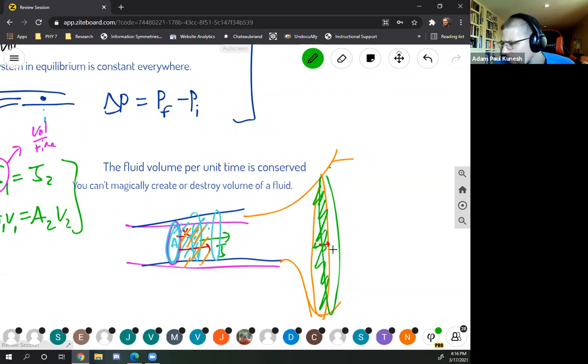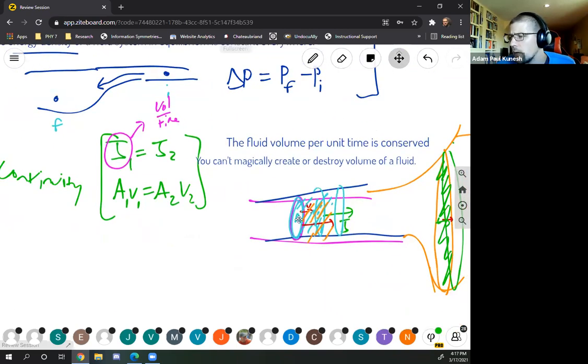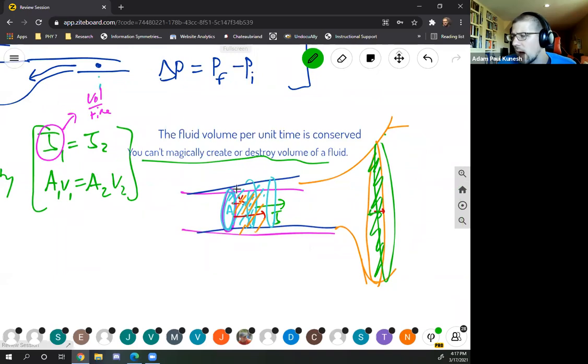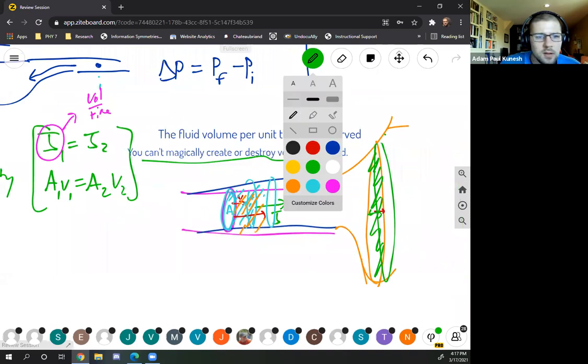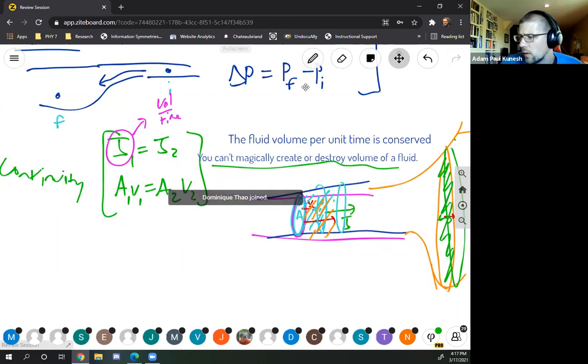So the velocity, the little red vector here, is going to have to be smaller in regions where I have a wider pipe. That's fluid continuity. In words, you can't magically create or destroy volume. With a little bit of math, the area times velocity at any point is constant in a leakless circuit.